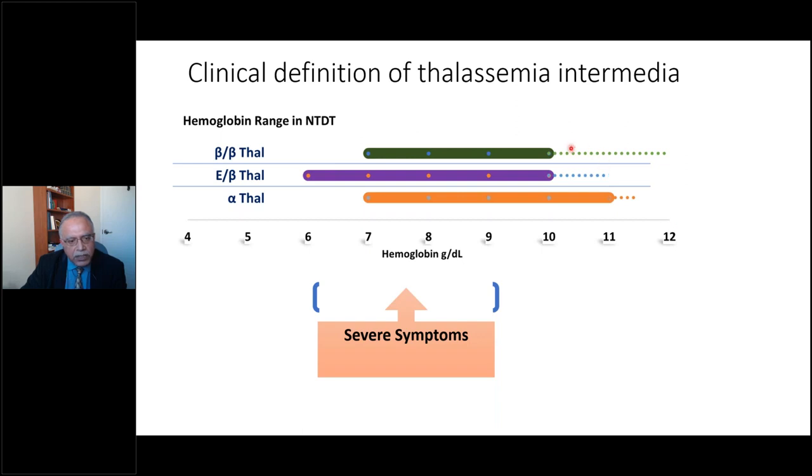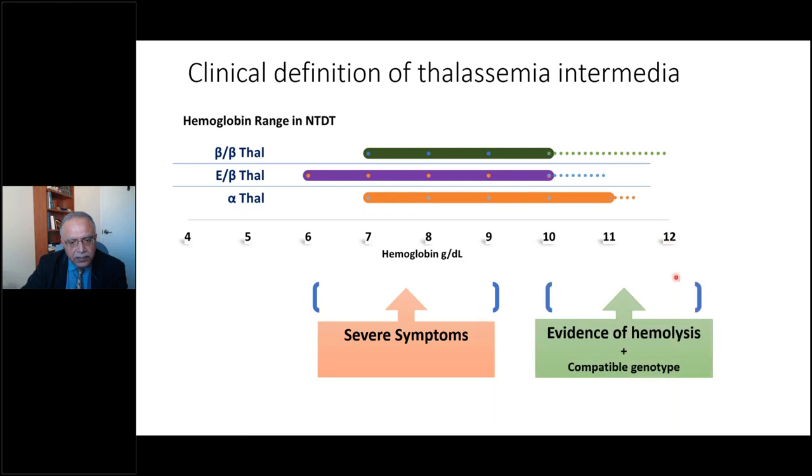And that is especially the case with the beta thalassemias, where the fetal hemoglobin response sometimes can be so robust that the total hemoglobin can be 12 or even higher. So in these cases, we at a minimum should see some evidence of hemolysis or ineffective erythropoiesis, and we would need a compatible genotype to say that the patient has thalassemia trait.